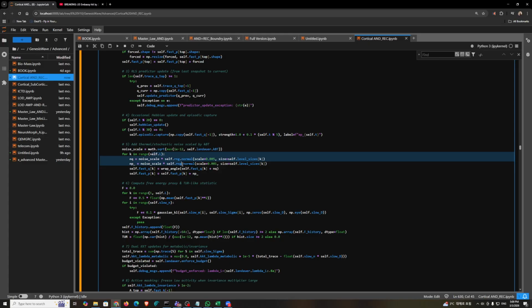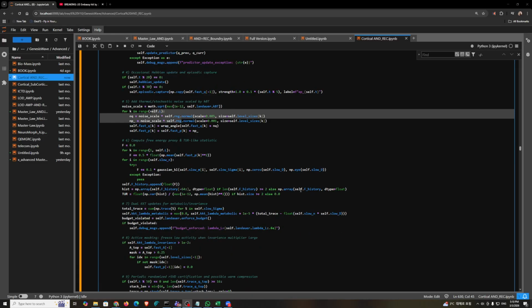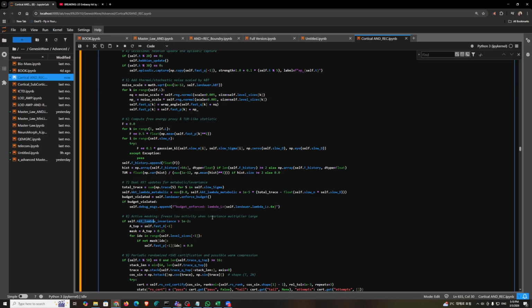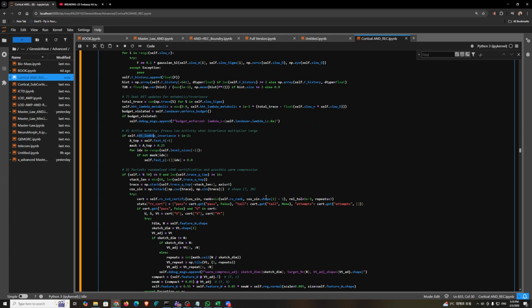And then it updates the KKT multipliers for metabolic and invariance constraints, ensuring the system stays within its energy budget and it learns robust features. Occasionally, it has to perform that randomized SVD certification just to ensure its internal representations remain compressed and efficient, and it can adjust its weights based on these insights. And down here, active masking. This can freeze inactive parts of the system if necessary. It's another form of resource management.